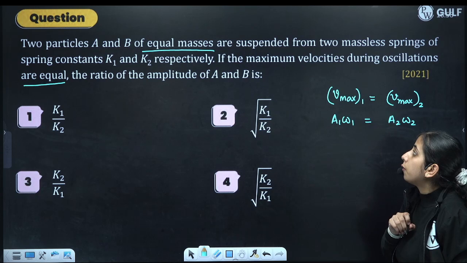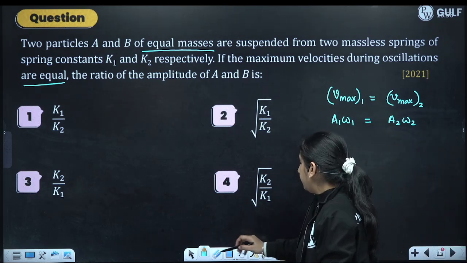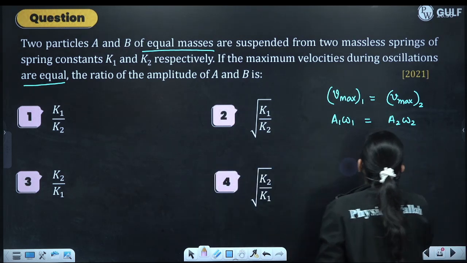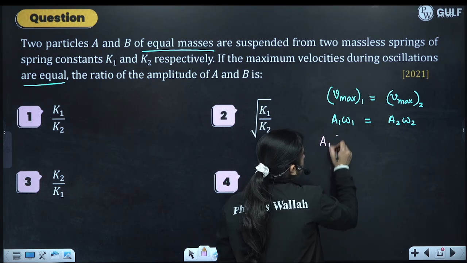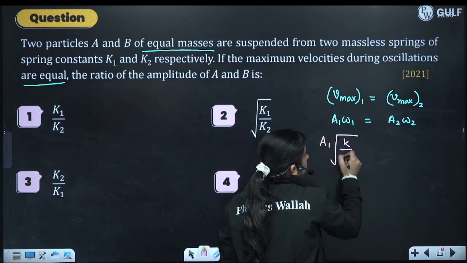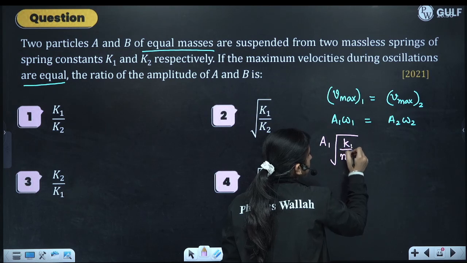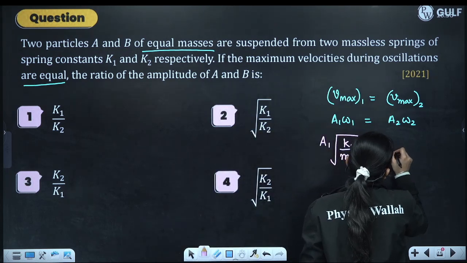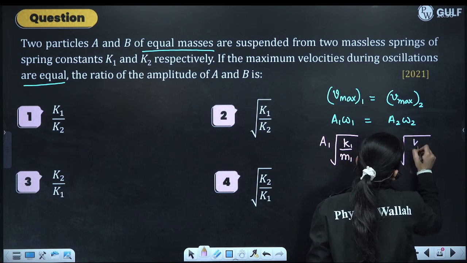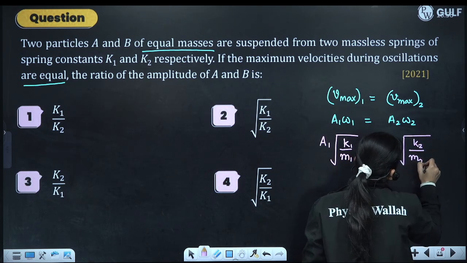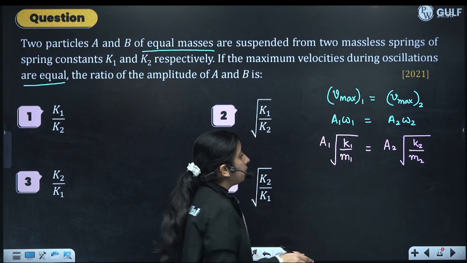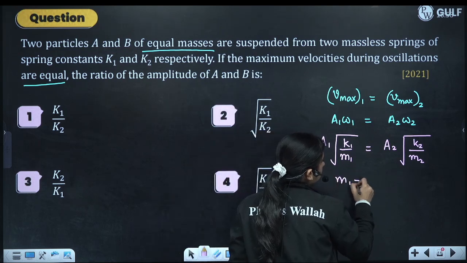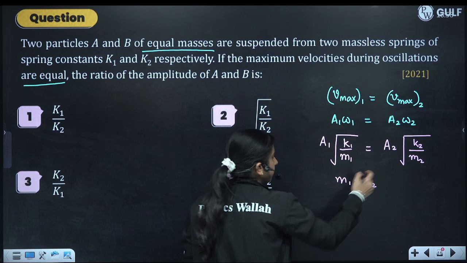Then the ratio of the amplitude of A and B, we have to find. So what will be omega 1? Omega 1 will be under root K1 by M1. Omega 2 will be under root of K2 by M2. M1 is equal to M2, masses are same, they get cancelled.